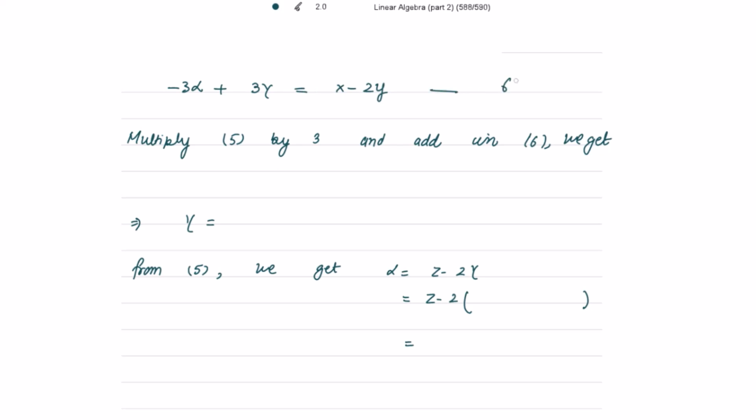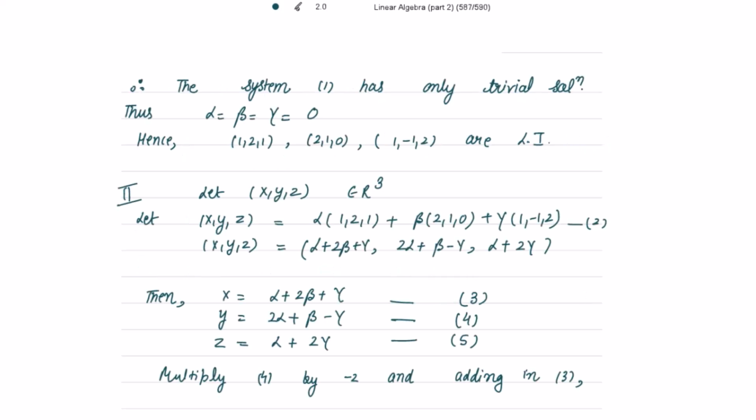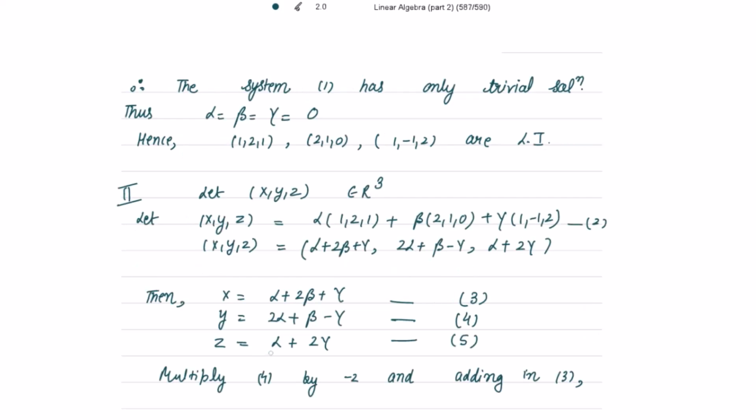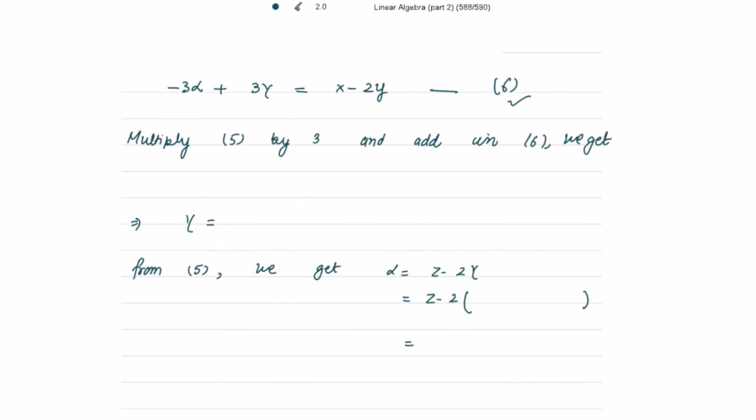Mark this as 6. And then what I have done is multiply 5 by 3 and add in this 6. So here, if I multiply this with 3, I get 3z equal to 3 alpha plus 6 gamma. And this 3 alpha will be cancelled out with this -3 alpha.